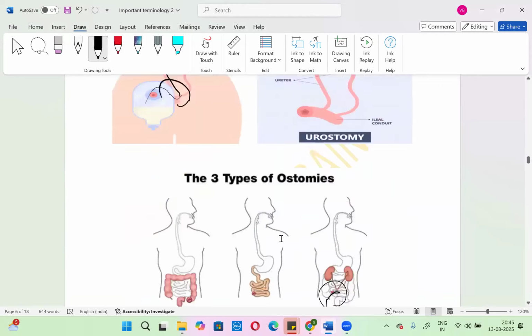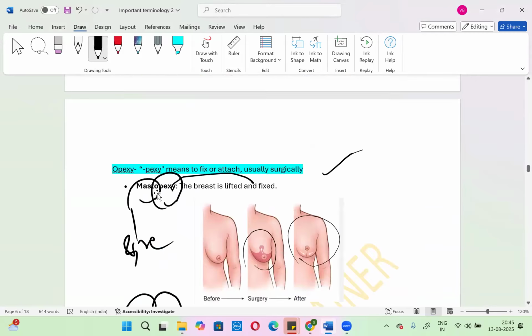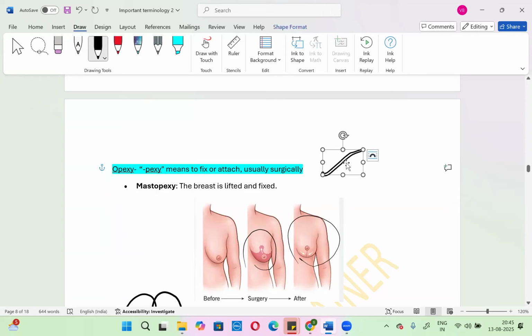Okay. Next is pexy. Pexy is nothing but fixing. Take down this meaning and this example also, mastopexy, which is nothing but fixing the breast. Once it is done, we'll go to the other thing.